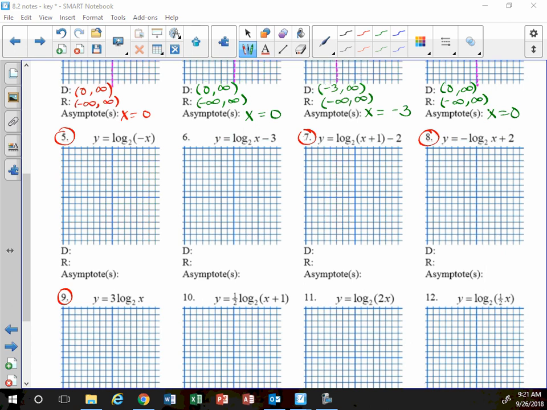So that is taking y values times. So if you do 0 times 3, that's still 0, right? 1 times 3.